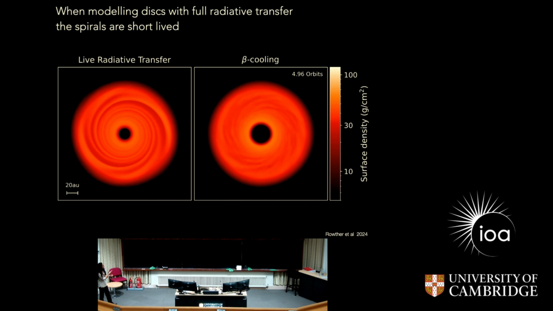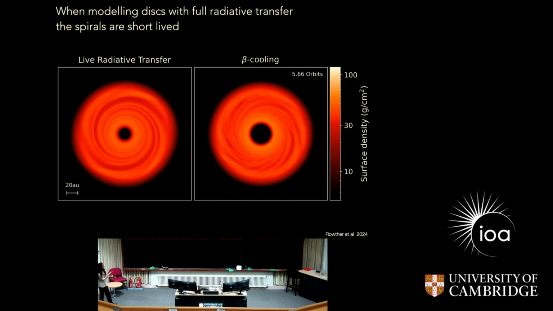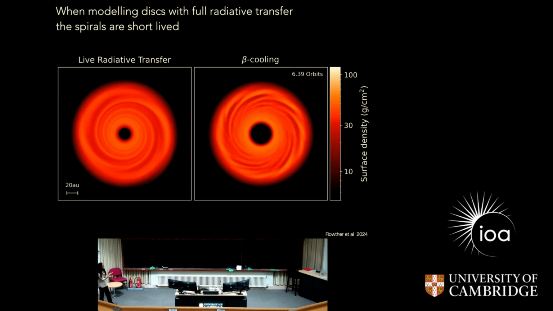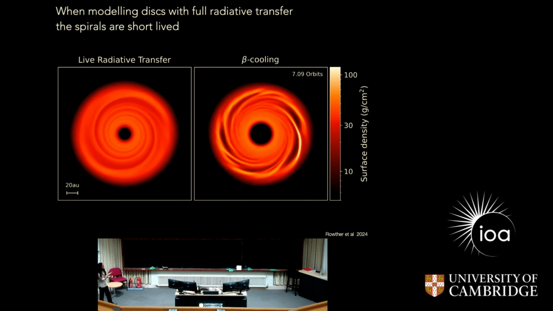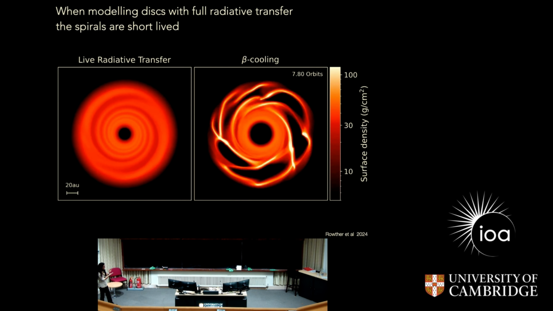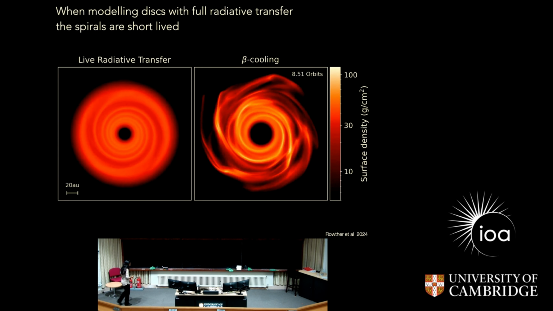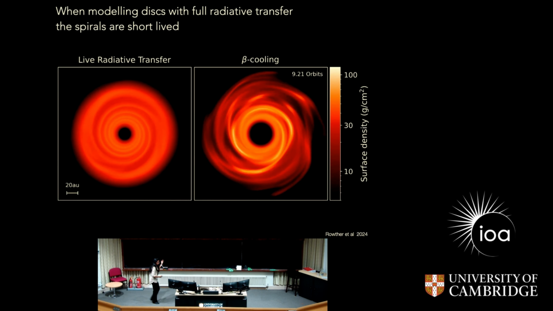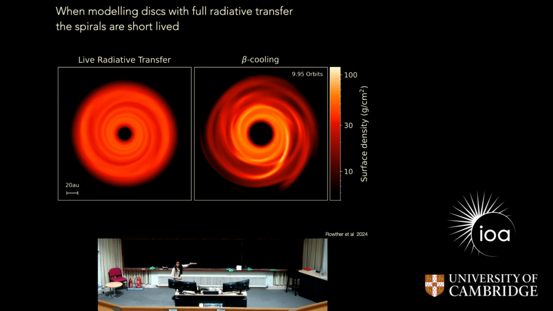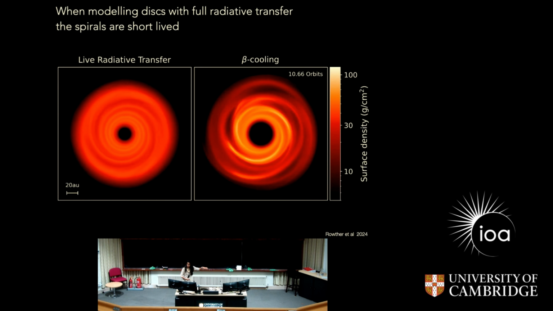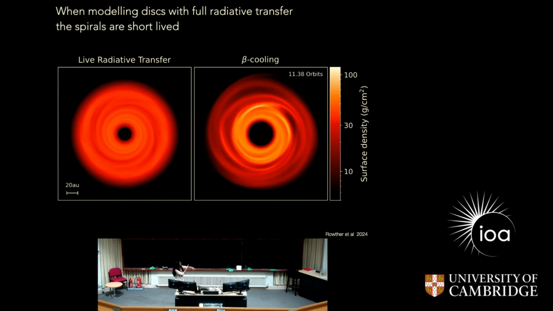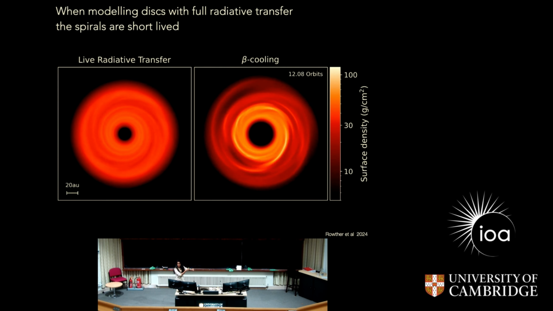You've already seen them develop in the live radiative transfer case. But in the live radiative transfer case, the irradiation from the central star is what determines the temperature structure in the disk. On the right-hand side, the cooling ends up determining the temperature structure.